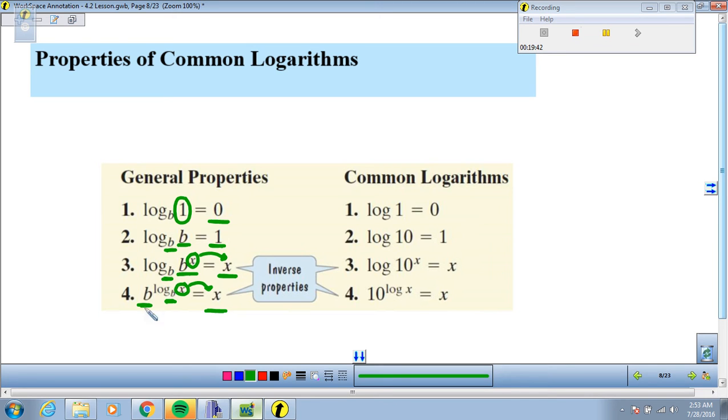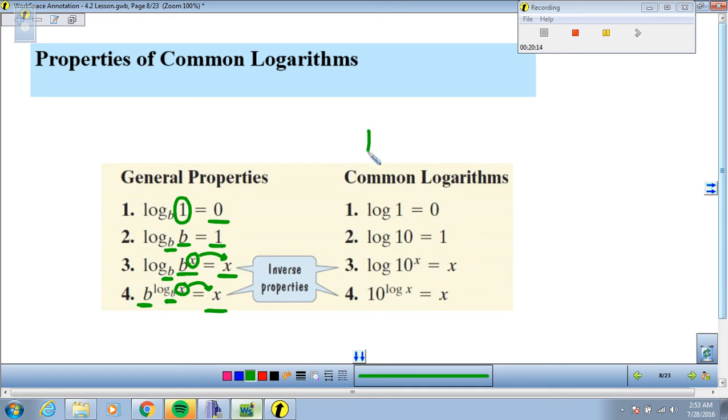Now, this first 4, every time it's showing the base as the little b. That little b means that probably that base is going to be different numbers every time except the number 10. Why except the number 10? Because when logarithms have a base of 10, usually that little 10 is not written.